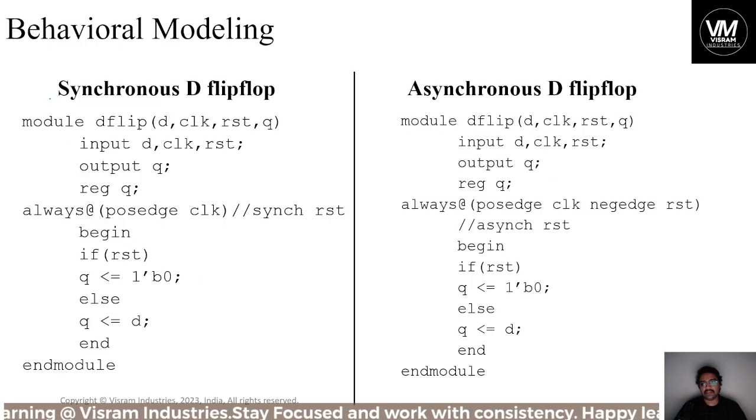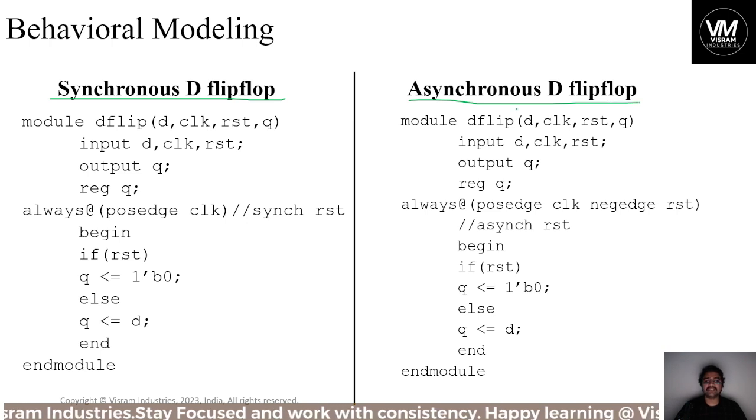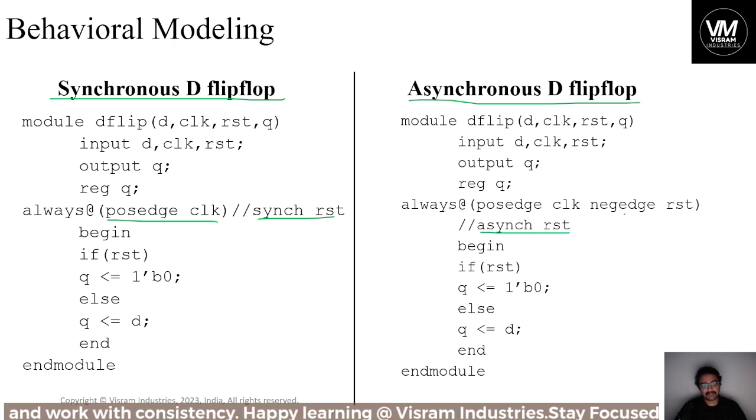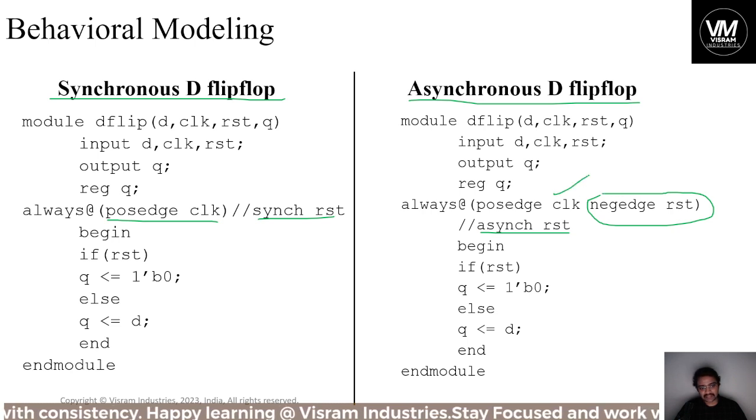Now we have synchronous and asynchronous D flip-flop. What does this mean? Synchronous reset is nothing but only at the posedge of the clock, but at the asynchronous reset we can also consider the negedge of the reset, either this or this.